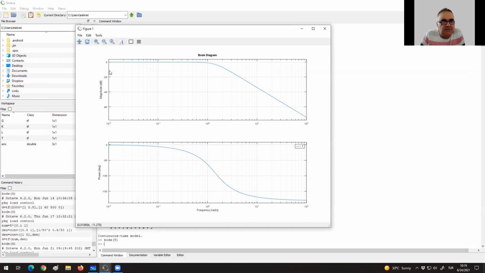The bandwidth is not very clear from here, but it is somewhere around here, where minus 3 dB corresponds to 1.3 or something like 1.2. And there is no peak resonance here. There is no peak in our response because there is enough damping.